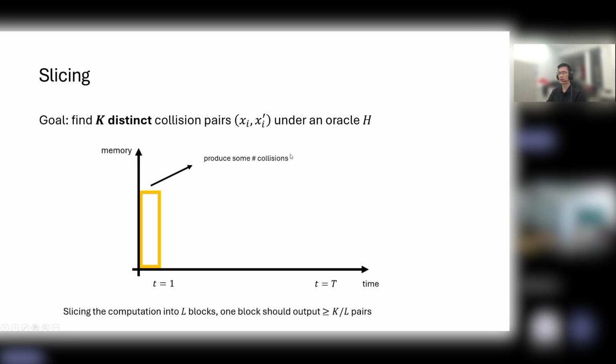We want to study the space-time trade-off for finding one collision. Then we can't really do the same thing, because we can't say there must be a block that outputs 1 over L collisions, which is not even an integer. That is not possible. You cannot count that.